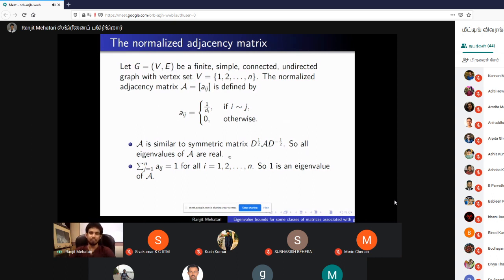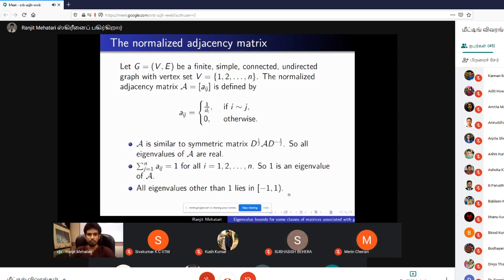That gives the sum of entries in each row equal to 1, and that gives 1 is an eigenvalue of A with the all-ones vector as the corresponding eigenvector, and all other eigenvalues lie in the interval [-1, 1]. This is because of the Perron-Frobenius theorem.